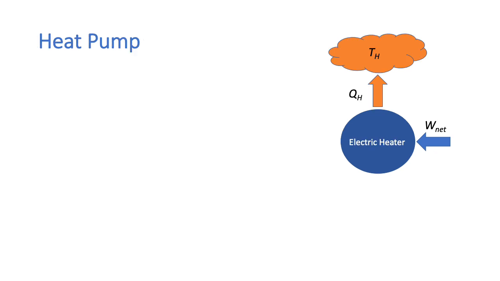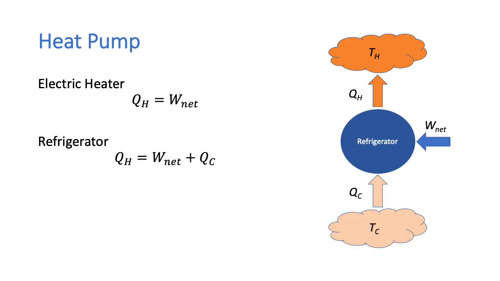This is an electrical heater which is supplied electrical energy, W net, and it dissipates that in an electrical resistance, generating heat QH, which it supplies to the high temperature region at TH. We know from the first law that QH must equal W net. Now suppose we used instead a refrigerator and rejected heat QH.